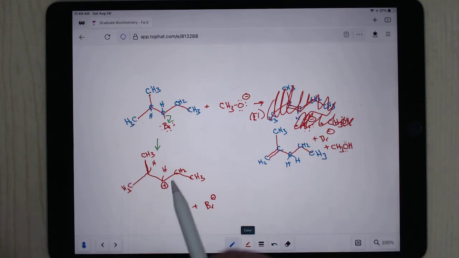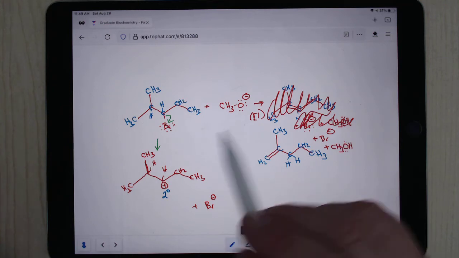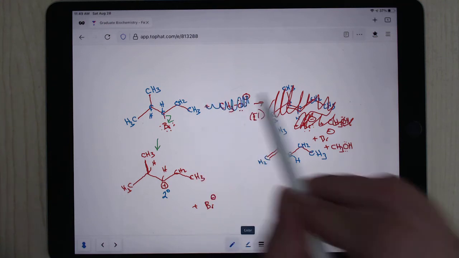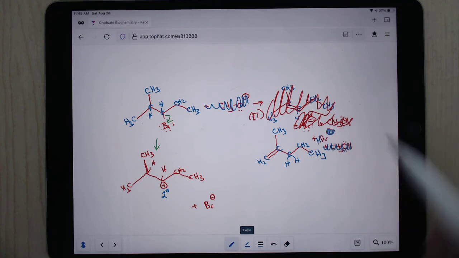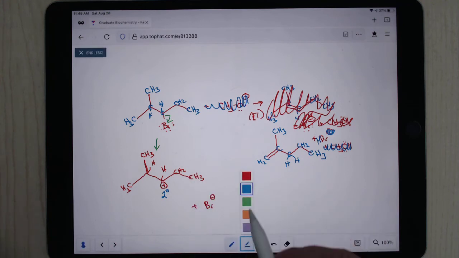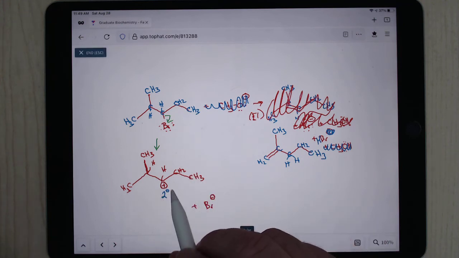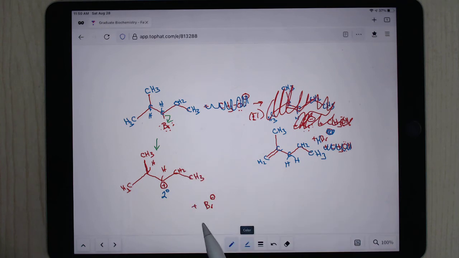For this one here, notice how this is now secondary. Actually, we don't even need this. Like I said, this is a really bad example. This isn't the world's best example. So this is a secondary carbon here.